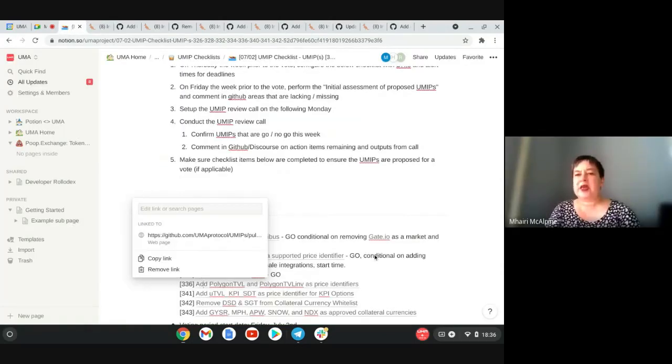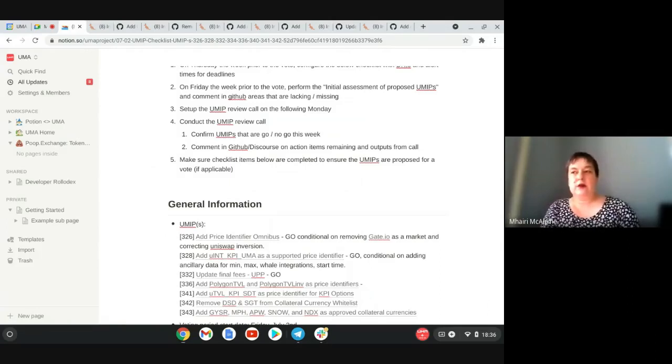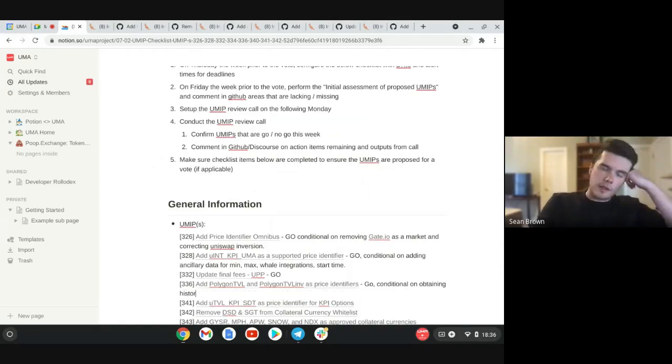Cool. So that one seems to be a go. Are people happy with that? Conditional on the historical data and an alternative calculation method. Yep. I think conditional on adding those and that they're adequate, right?